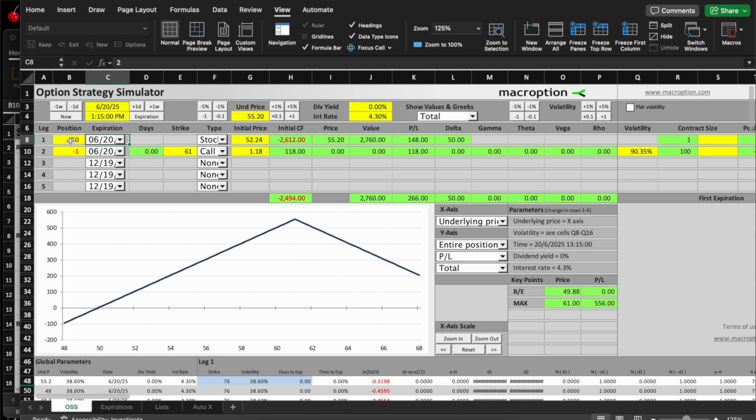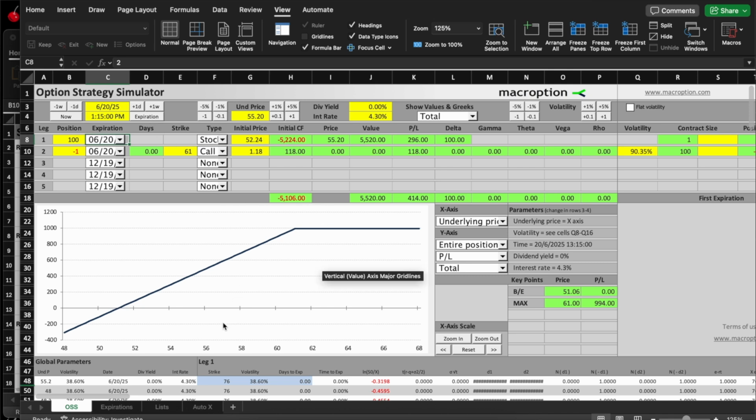If I had 100 shares of this rather than 50, at expiration this is going to look very familiar. This is basically selling a put. When you're long stock, in this case 100 shares, and you sell a call, this is the equivalent of synthetically selling a put at 61.